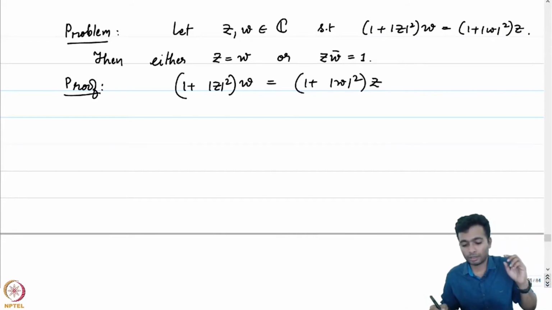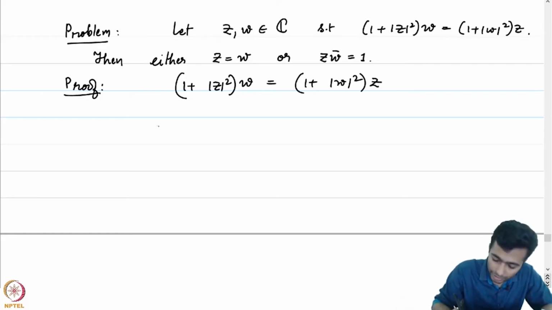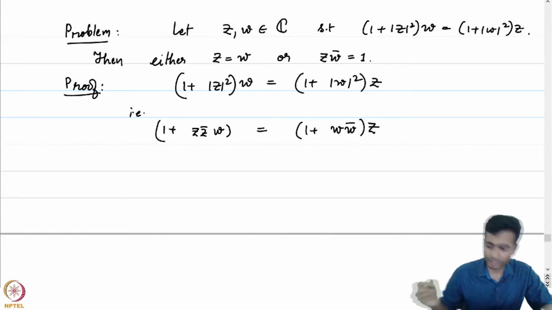Recall that the square of the absolute value is the norm of z, which is basically z times z bar. So rewriting this, i.e., (1 plus z z bar) times w is equal to (1 plus w w bar) times z.